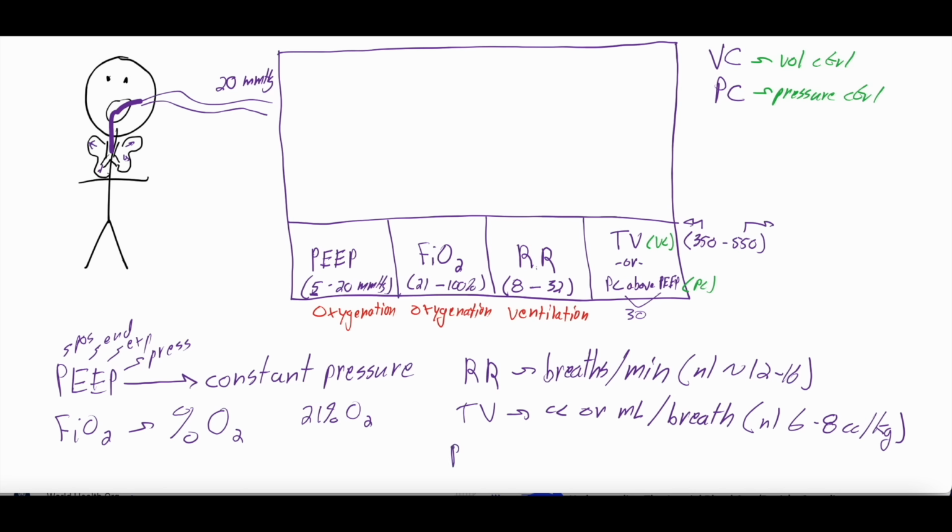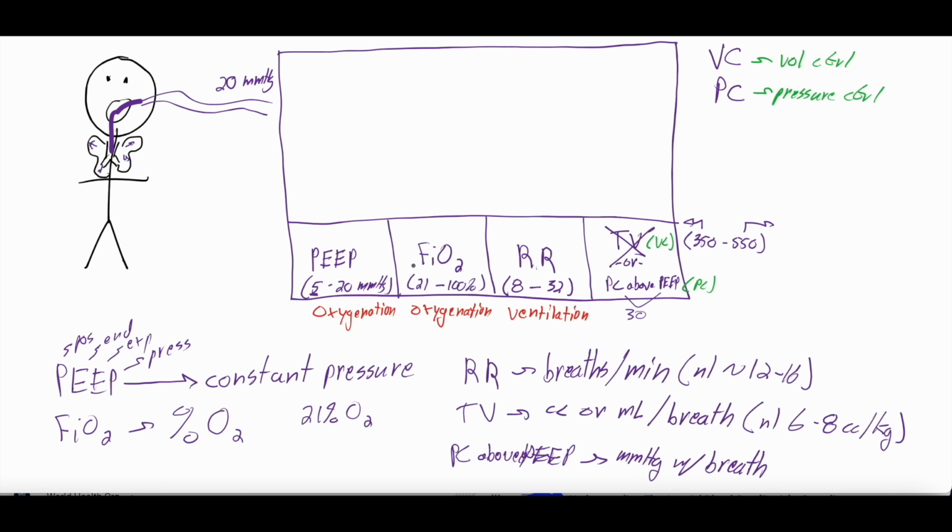So that's pressure control above the PEEP, or the inspiratory pressure, which is the millimeters of mercury that the ventilator is pushing with each breath. And as we've talked about in previous videos that you can check out, when they're in a pressure control mode, you're not able to set a tidal volume, right?